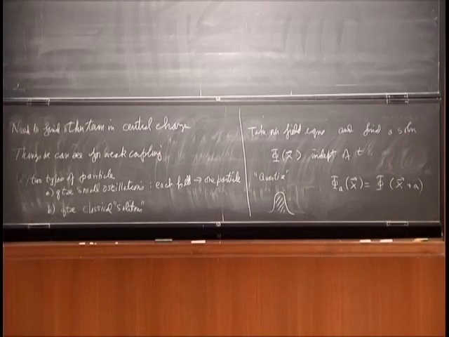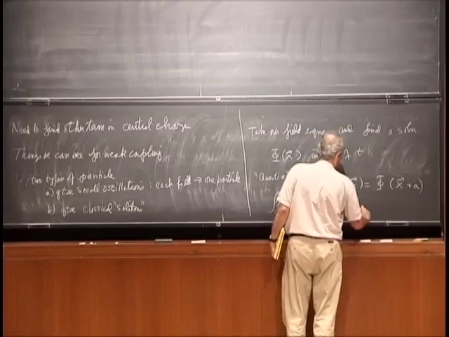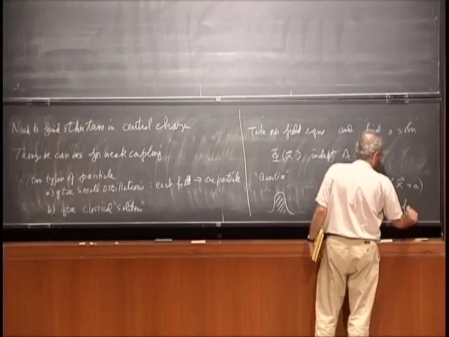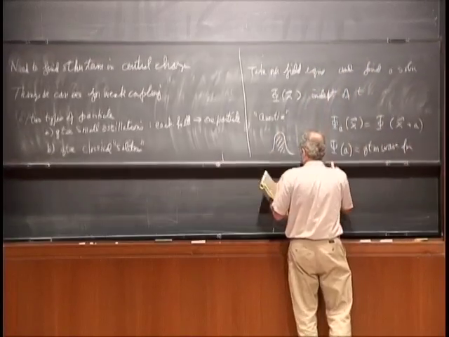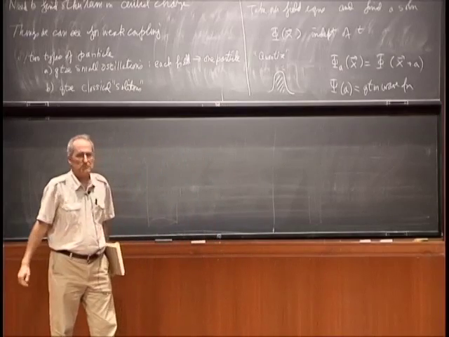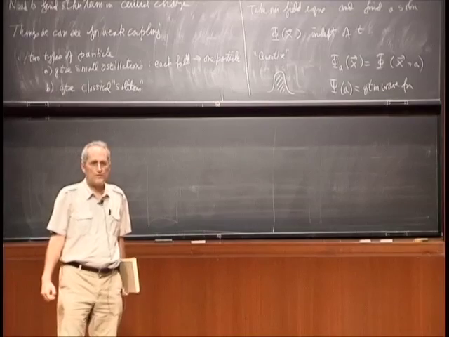So quantizing will mean that we have to construct a quantum wave function that depends on a. You can think of a as the center of mass position of the lump that you're discussing.